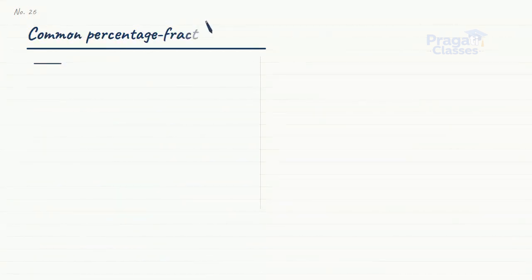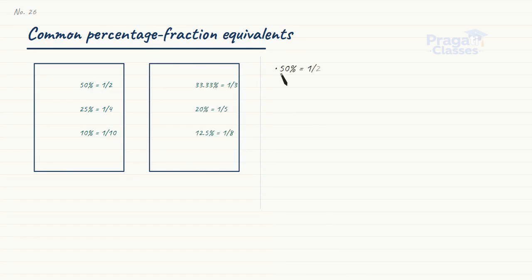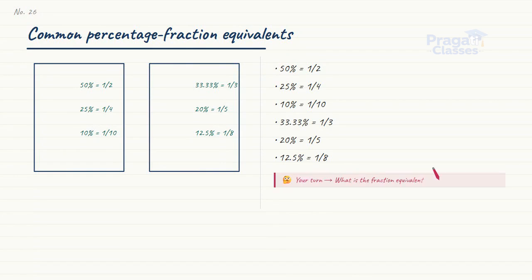Now that we can handle overlapping sets of students, let's arm you with some instant memory tools, common percentage fraction pairs. Let me put these right in front of you. Knowing these by heart is like having a secret decoder ring. You can switch between percentages and fractions in a snap without doing any math.